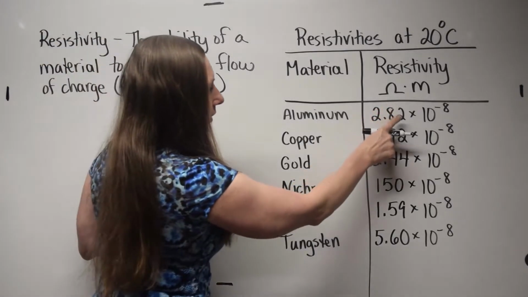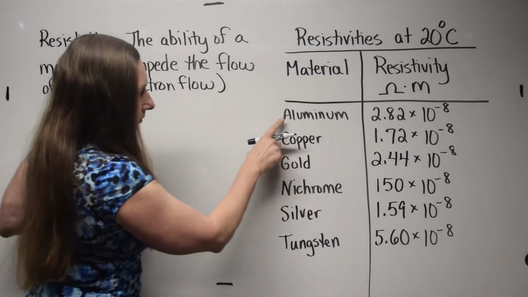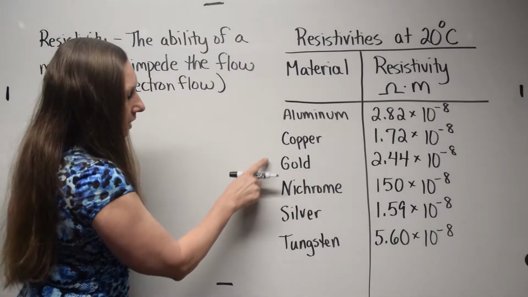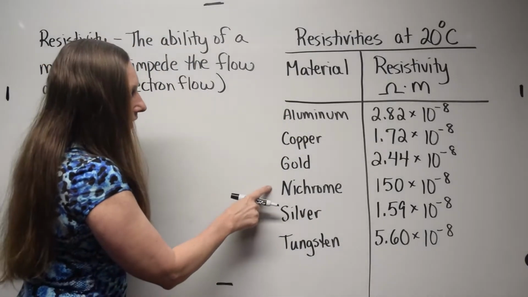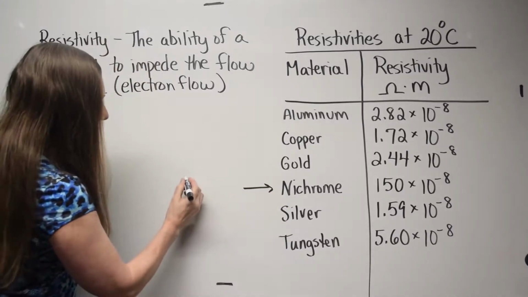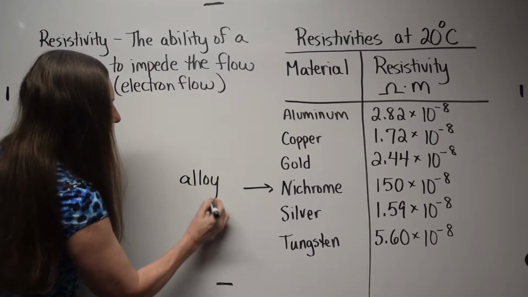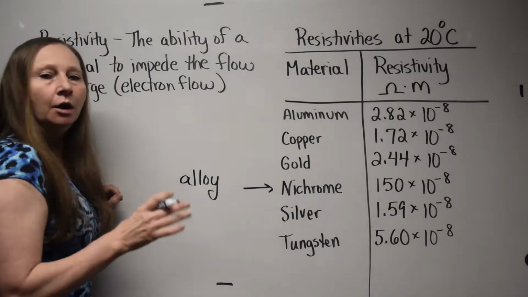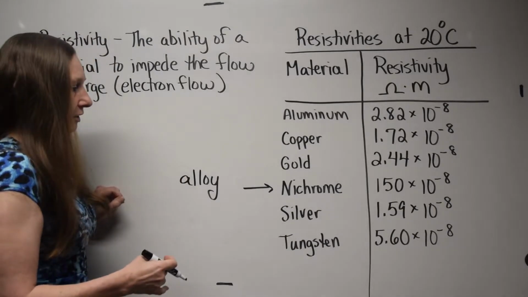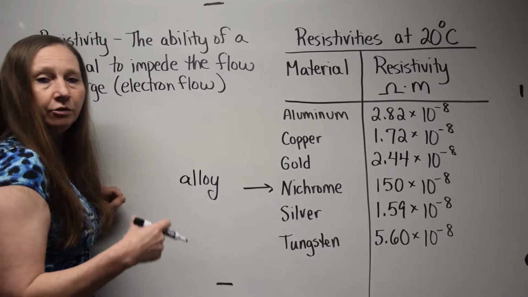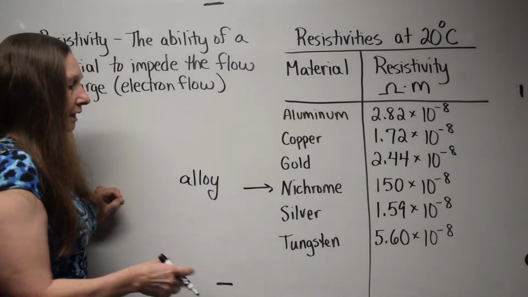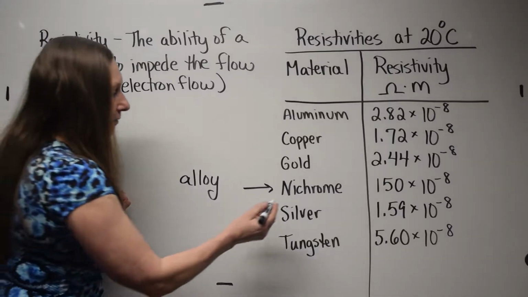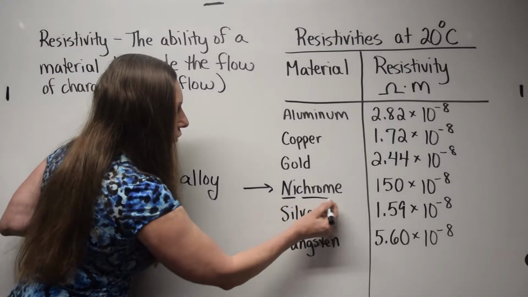Now, take a look. These are metals: aluminum, copper, gold, silver, tungsten. Nichrome is an alloy, a homogeneous mixture, a solution of two metals that have been melted down together. Sometimes nichrome has a little bit of iron or some other metal in it, but generally speaking, it is an alloy of nickel and chromium.